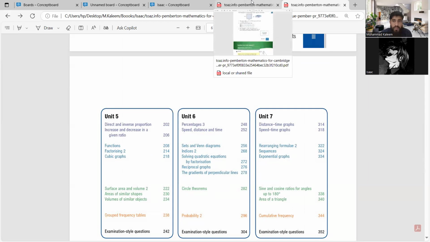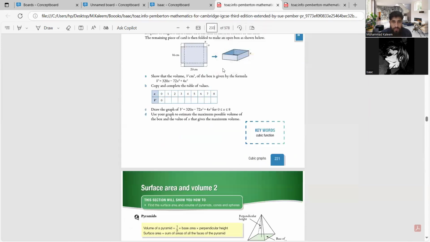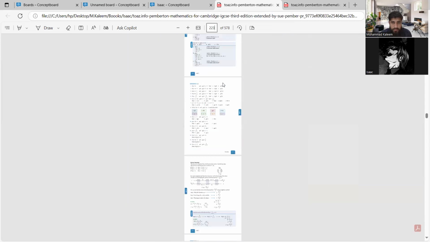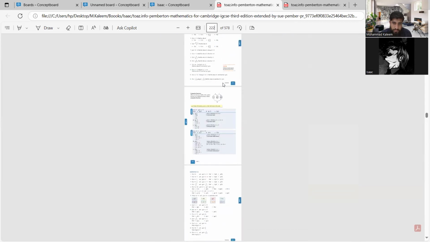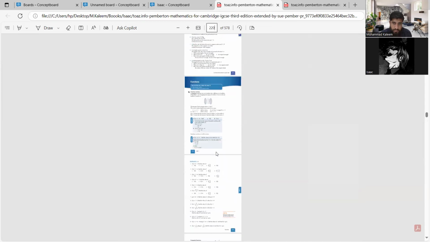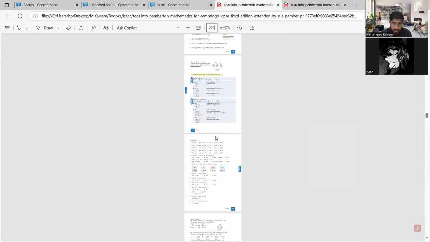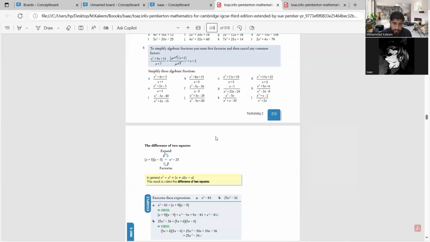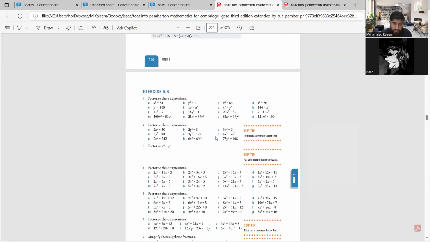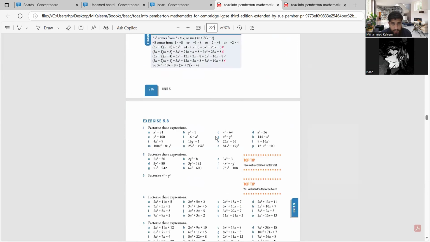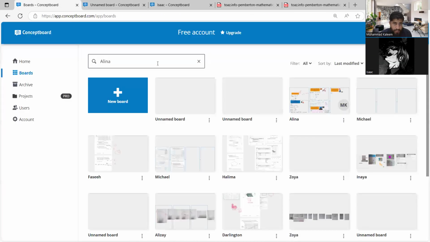Factorizing. Last time we discussed these things. Let me show you as well.